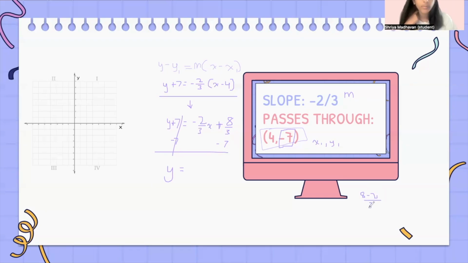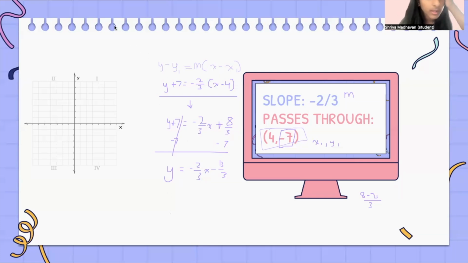So 21 minus 8 would be 13. So negative 13/3. So y is equal to negative 2/3x minus 13/3.